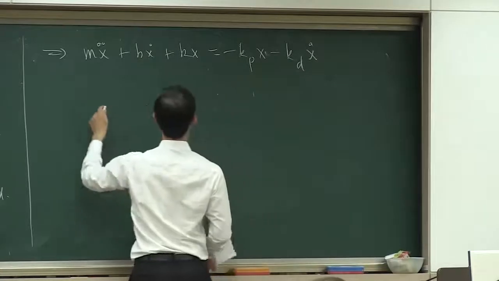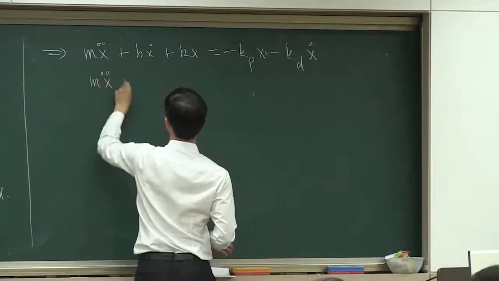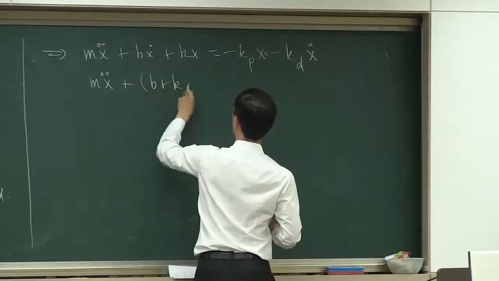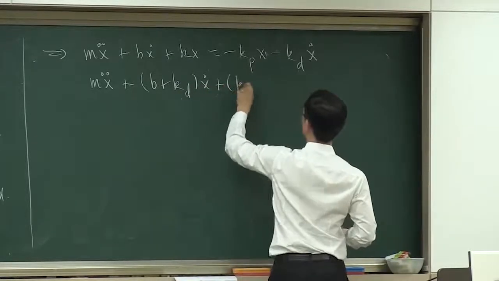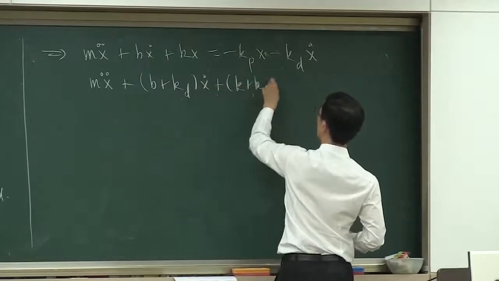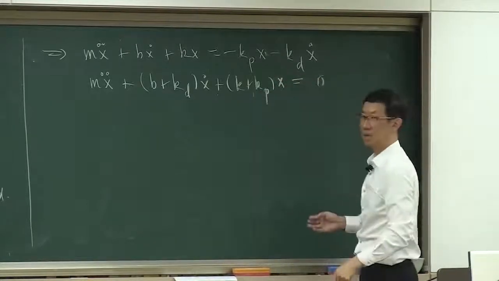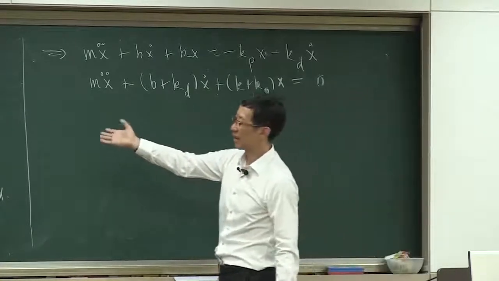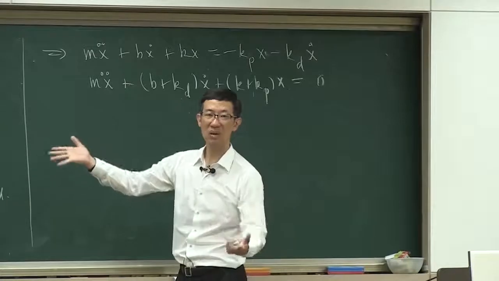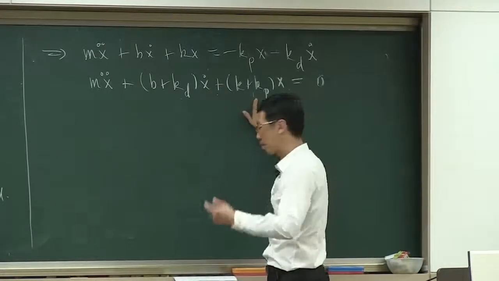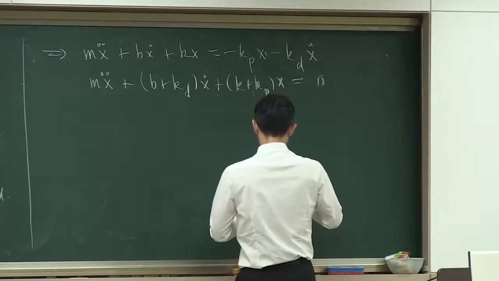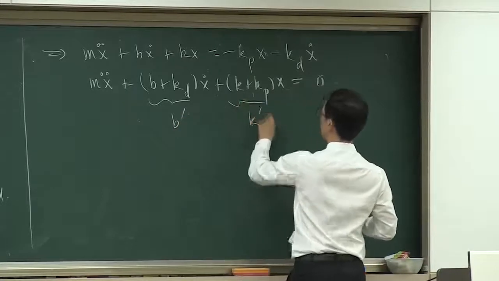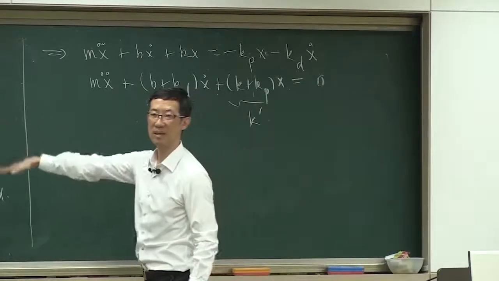Combine it, and we get m x double dot plus (b plus Kd) x dot plus (k plus Kp) x equals 0, which is exactly the same form as for the case with no control, but the coefficients are replaced. Call this b prime and this k prime, and we have the same equation.